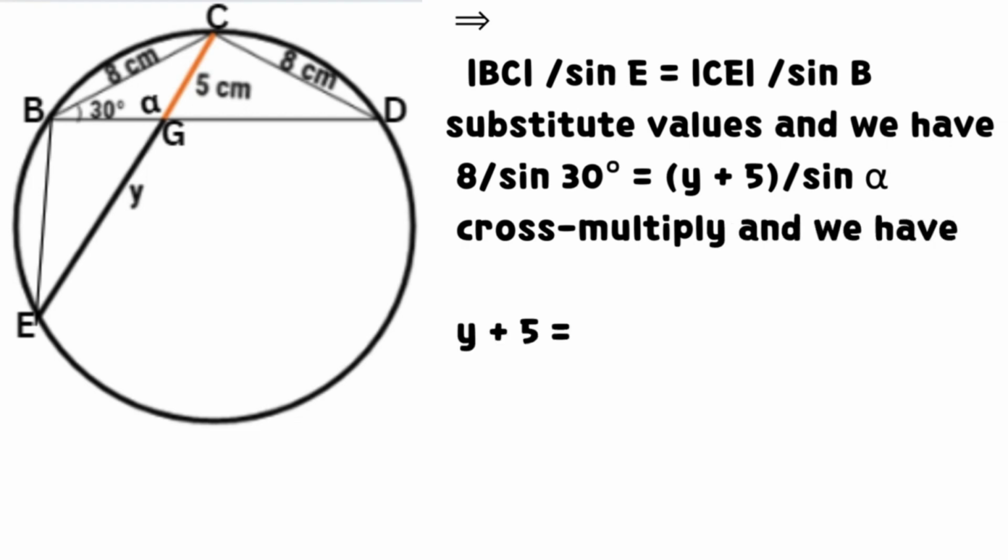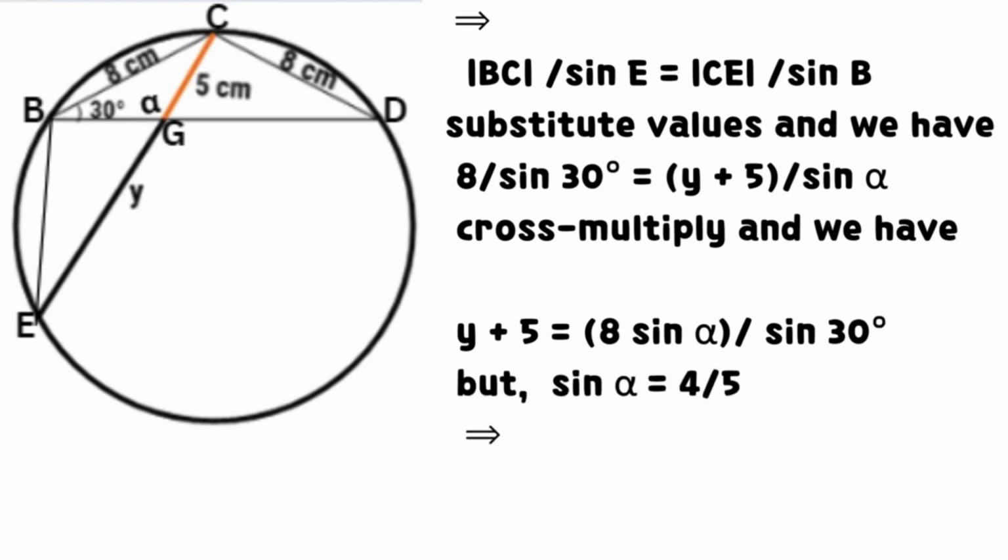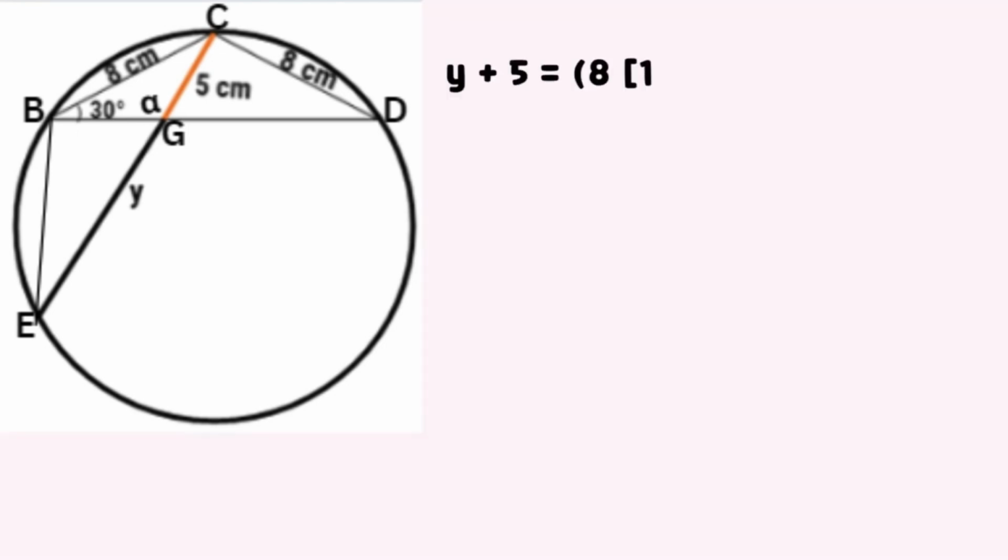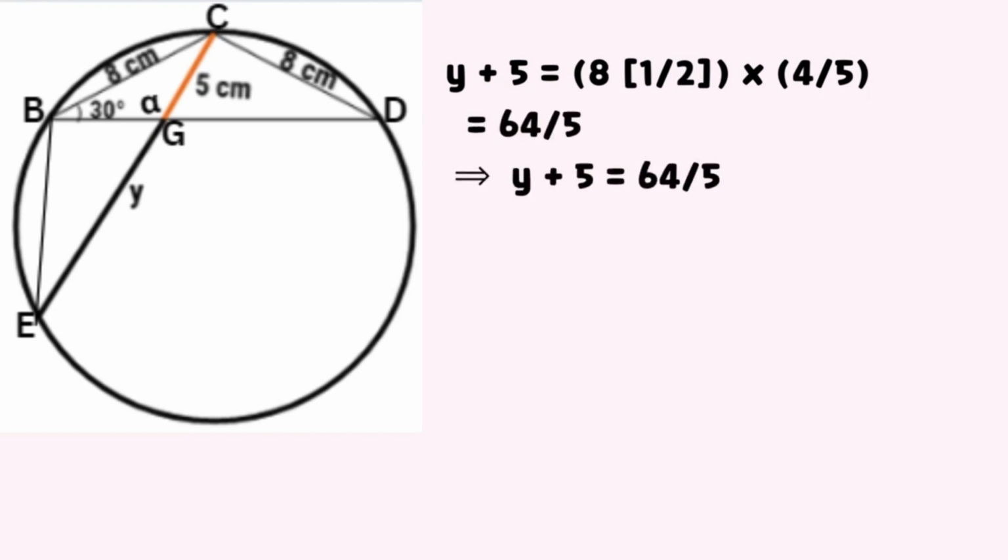Substitute values and we have the equation shown on the screen. Cross multiply and we have that the sum of y and 5 equals the product of 8 and sine alpha all divided by sine 30 degrees. But sine alpha equals 4 divided by 5. Thus, the sum of y and 5 equals 64 divided by 5.